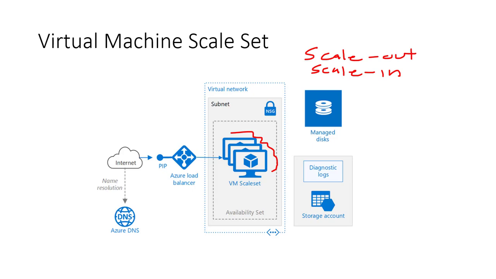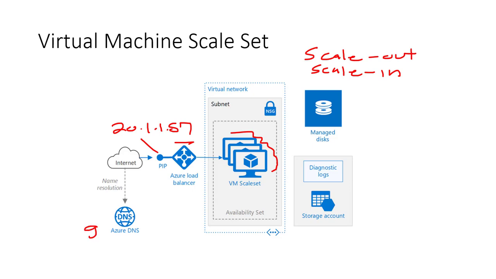When I deploy this virtual machine scale set, it will also give me the option to create an Azure load balancer. That load balancer has a public IP address assigned to it. So let's say the public IP address for this is 20.1.1.57. I'll have my web URL resolved to that address.